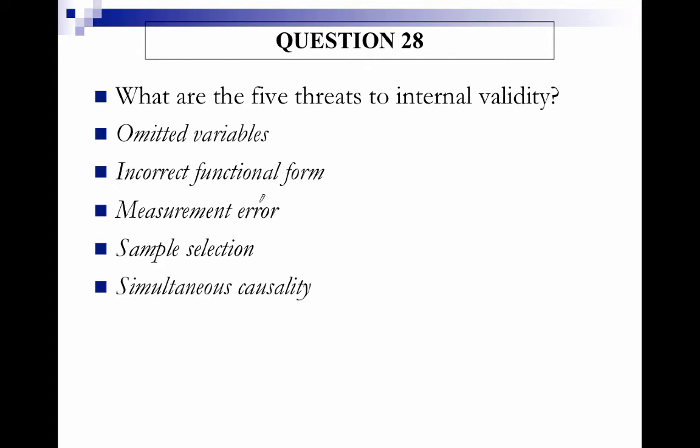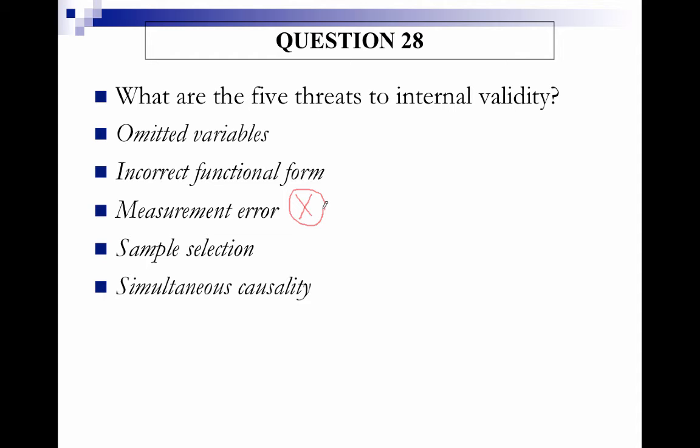The third threat is measurement error. So with measurement error, the main concern with bias is measurement error in X. So do remember that measurement error in the independent variable is a lot more serious than measurement error in the dependent variable. In fact, measurement error in the independent variable will lead to biased coefficients, whereas measurement error in the dependent variable won't lead to biased coefficients.